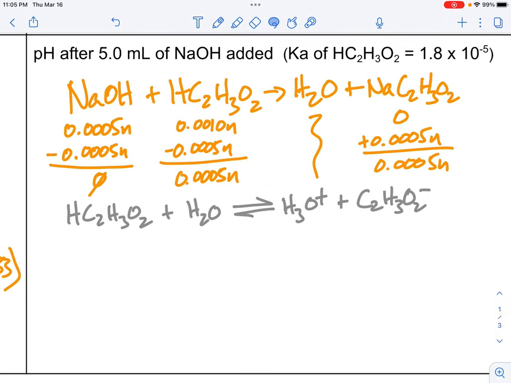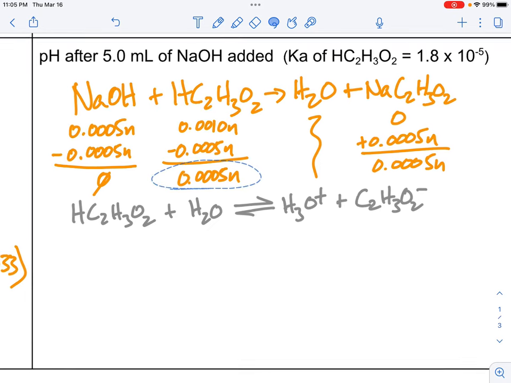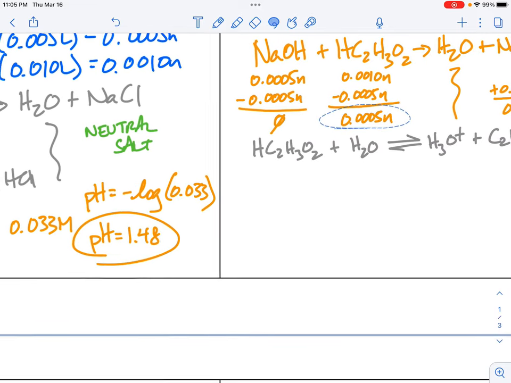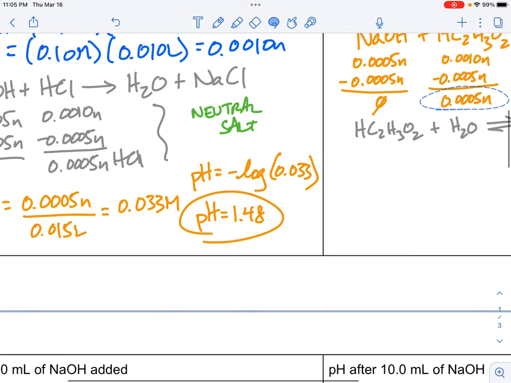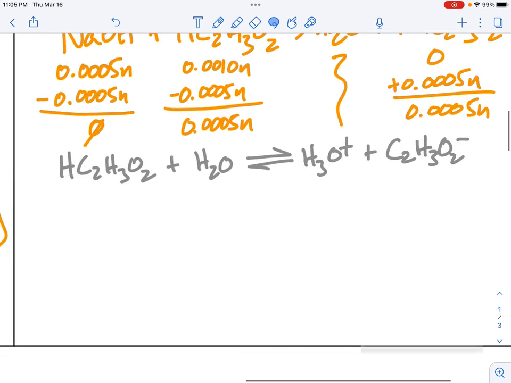So again, from our calculations on the left-hand side there, we have the same number of moles that we have from the hydrochloric acid in the same volume. So we have 0.0005 moles of it, and we have the same volume like we did over here. So the concentration of our acetic acid is 0.033 molar, just like on the left-hand side.